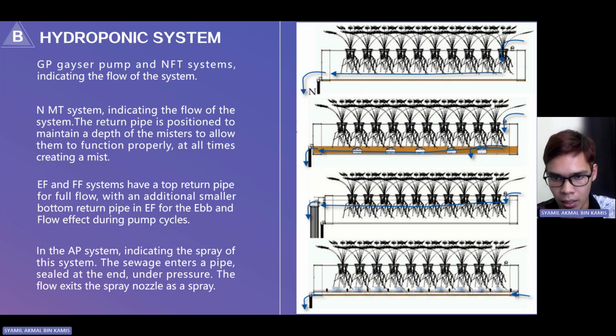And lastly, the bottom line is the aeroponic system, indicating the spray of this system. The flow enters a pipe sealed at the end under pressure and exits through the spray nozzle as a spray.